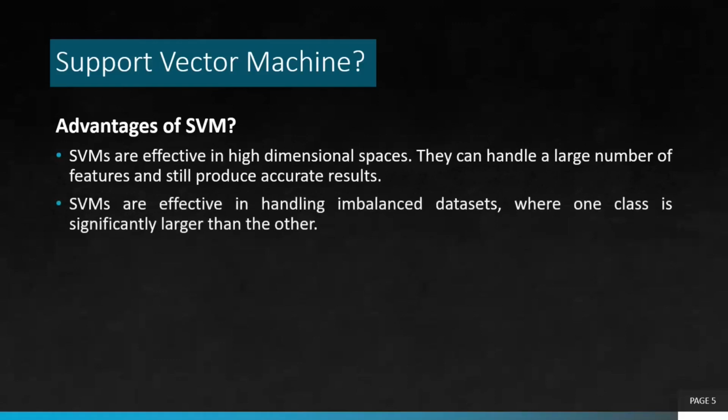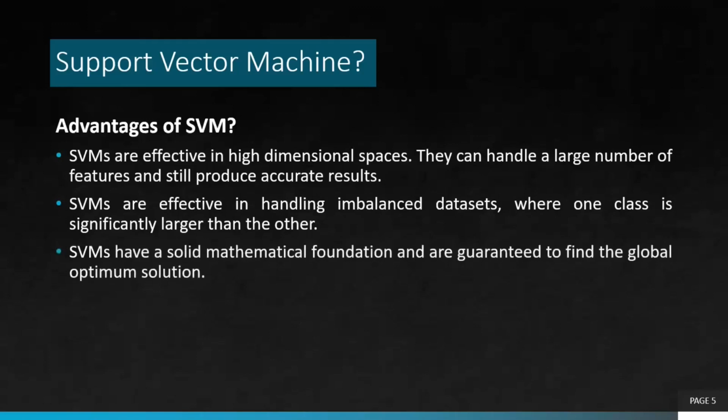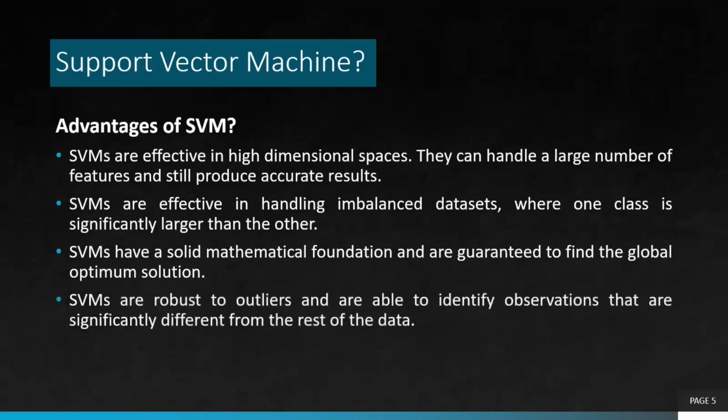SVMs are effective in handling imbalanced datasets, where one class is significantly larger than the other. SVMs have a solid mathematical foundation and are guaranteed to find the global optimum solution. SVMs are also robust to outliers and are able to identify observations that are significantly different from the rest of the data.